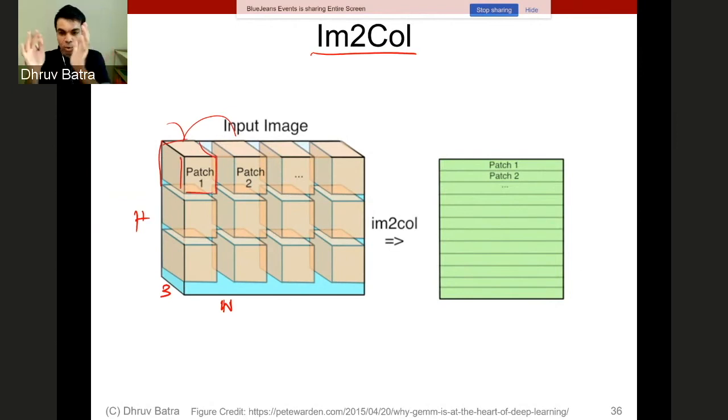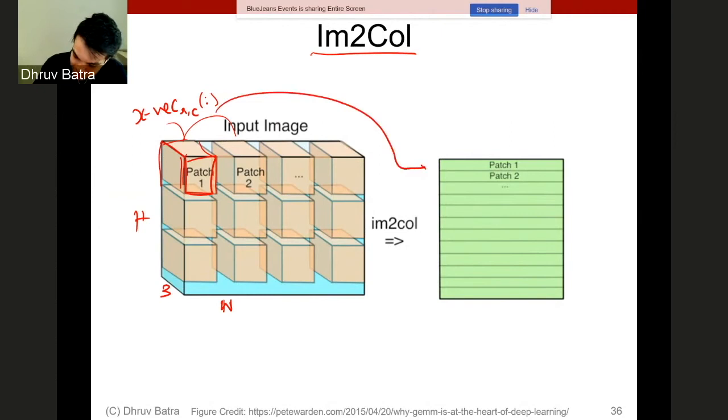So you basically go to every single placement. You take a patch of X. So this patch right here is the X vec at the R, C location. You string up that patch and you put it as the row of a particular matrix.